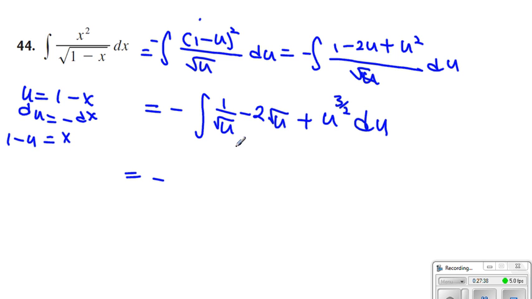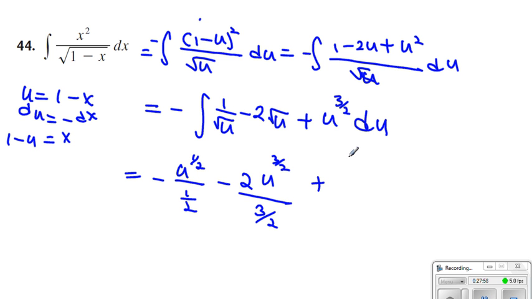Here we end up getting, since this one was u to the negative 1 half power, u to the 1 half power divided by 1 half, and minus 2 times u to the 3 over 2 power divided by 3 over 2, and then plus u to the 5 over 2 power over 5 over 2. Therefore, plus c.